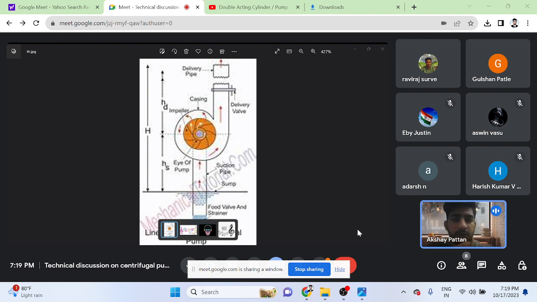What are the frictional losses, guys? What are the frictional losses in centrifugal pump? What are the causes of frictional losses? Why is there frictional loss in the centrifugal pump?